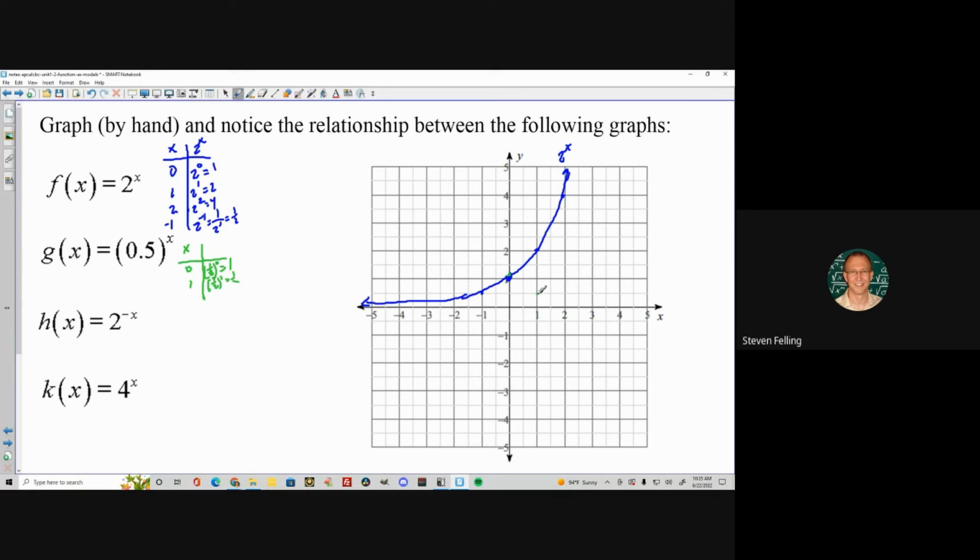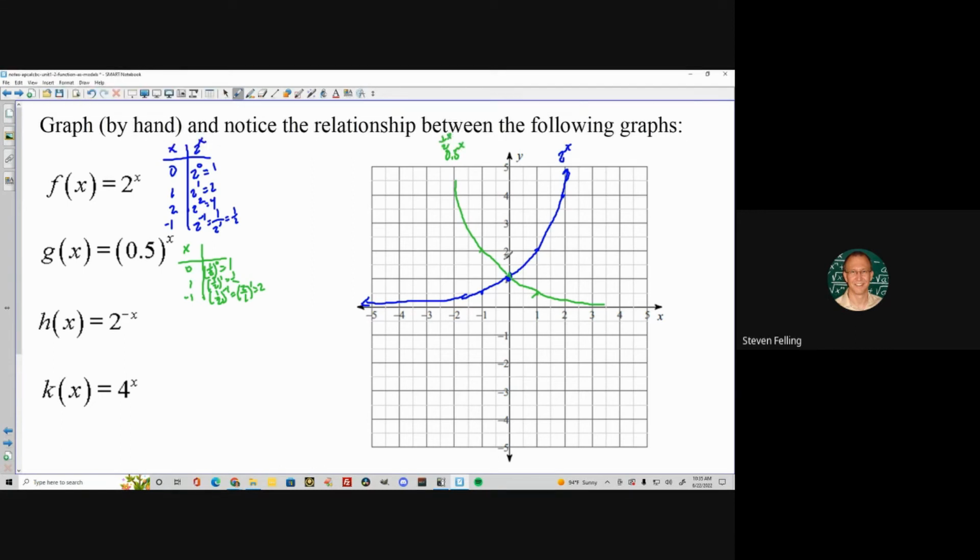So at 1, this is 1/2. And if I put a -1 in, I'm going to have 1/2 to the -1, which is equivalent to flipping this upside down to the +1, which is 2. So -1 is 2, and in fact, this produces this graph. So this is the graph of 1/2 to the x power.